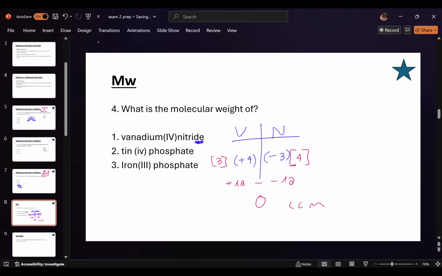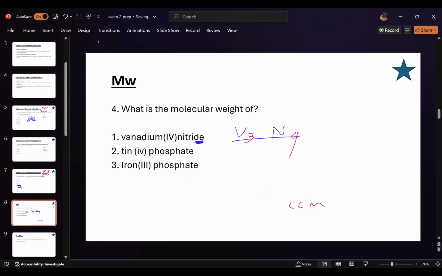When you subtract, plus 12 minus 12 equals 0. So it will be V and 3, and 4.